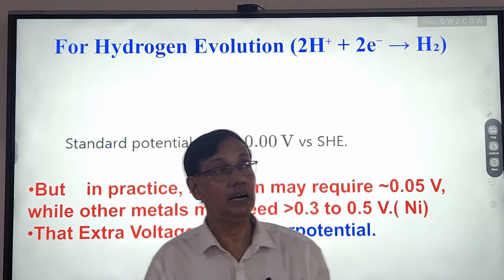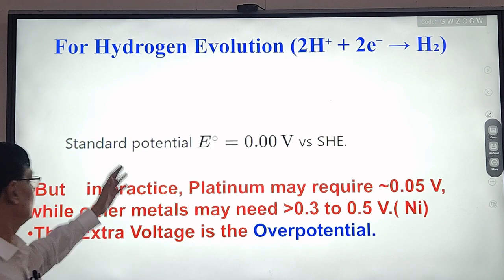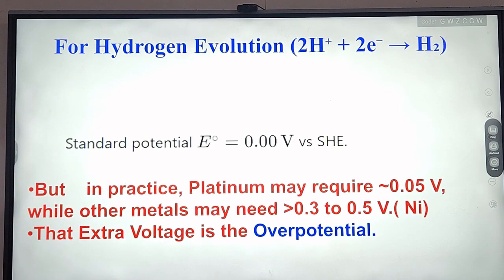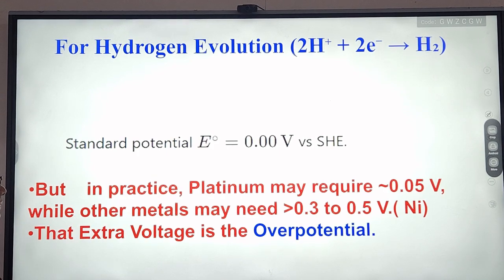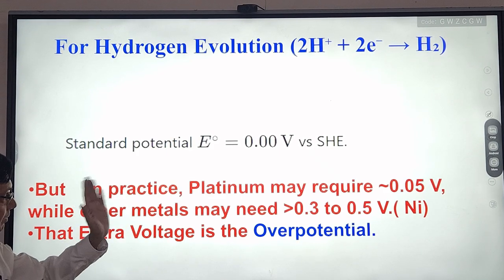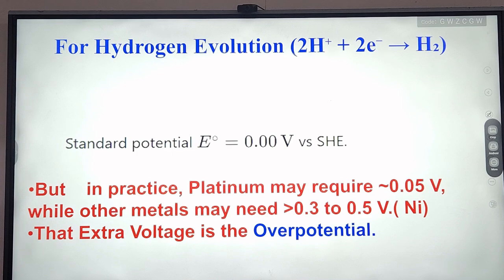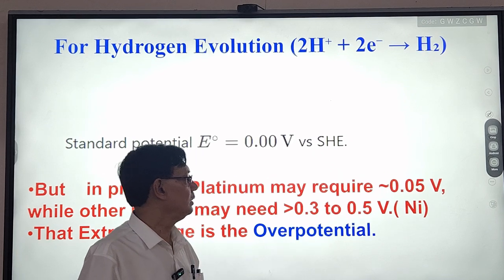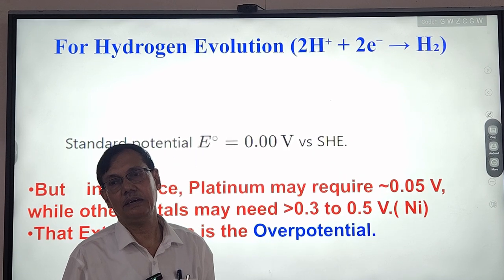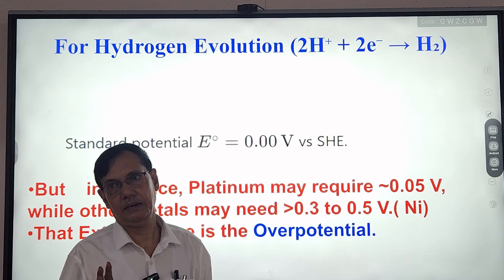So everybody is working on hydrogen generation, and you know that the standard potential of hydrogen is 0 volt. But in practice, if I take platinum or nickel, I need extra voltage, 0.3 to 0.5 volt like that. That is called the overpotential.